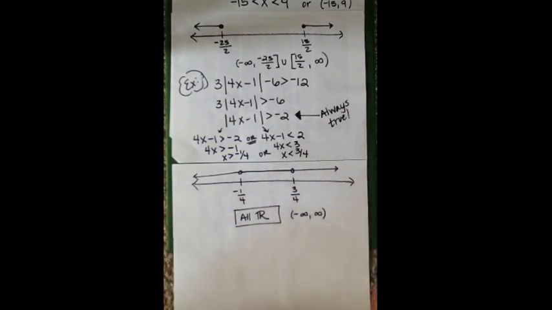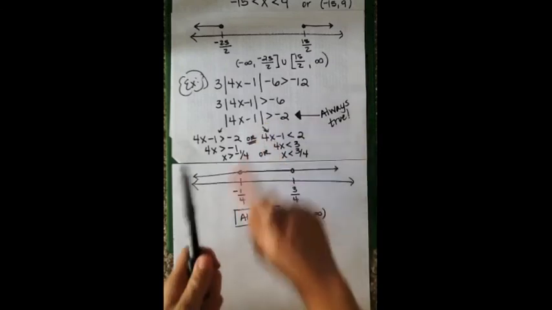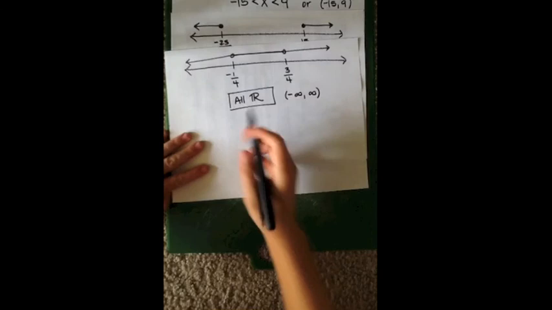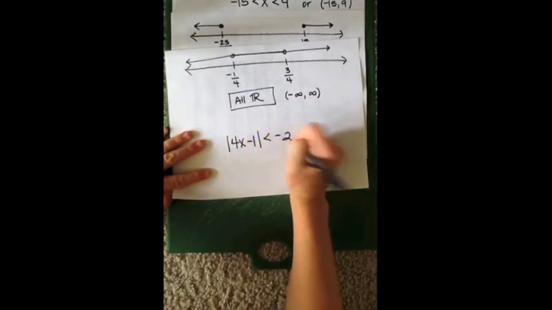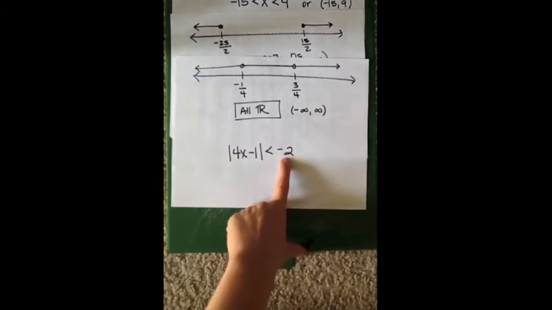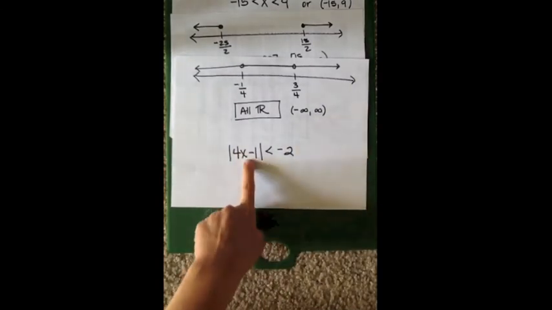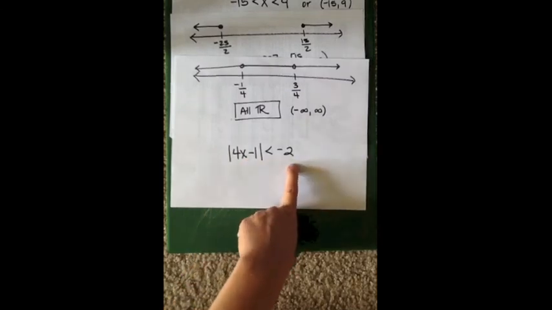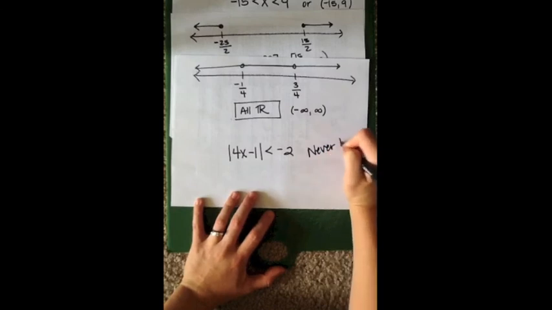What happens if you get to a situation and you say, that's never true? What if this were less than? Well, what kind of numbers are less than negative 2? Negative numbers. So can a positive number ever be less than negative 2? No. So this statement is actually never true.